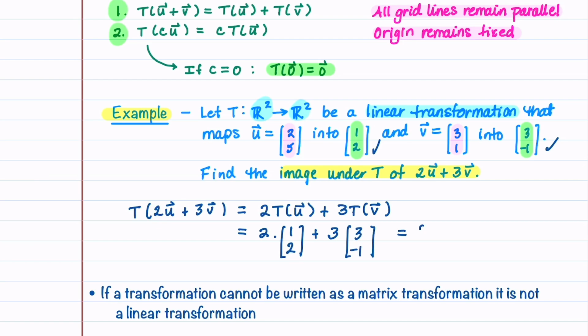Multiplying everything through, we're going to get 11 and 1. This vector is the image under our transformation of 2U plus 3V.